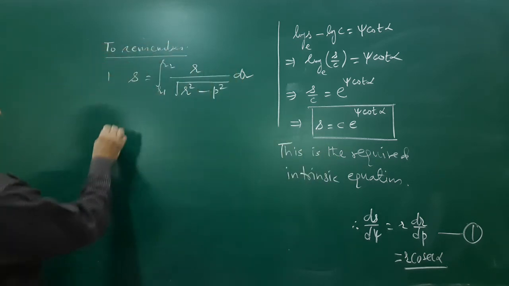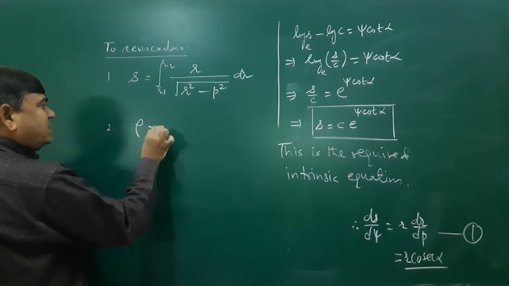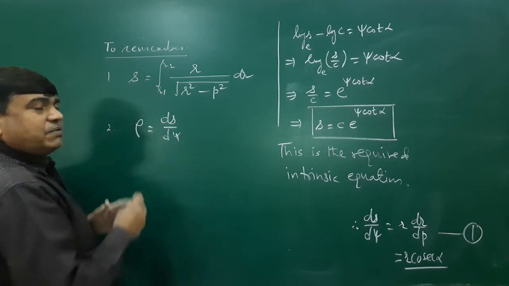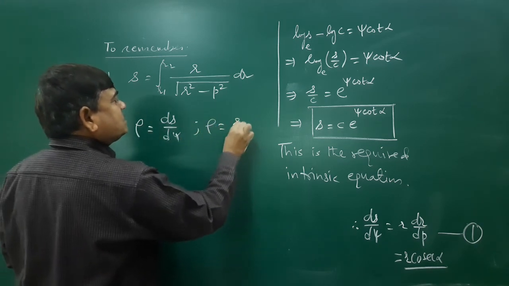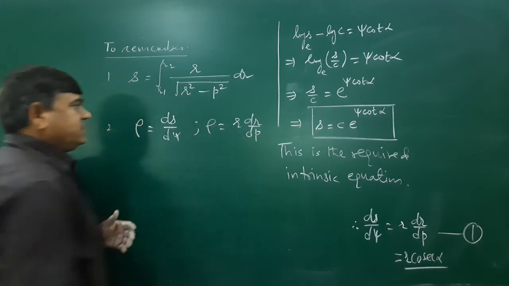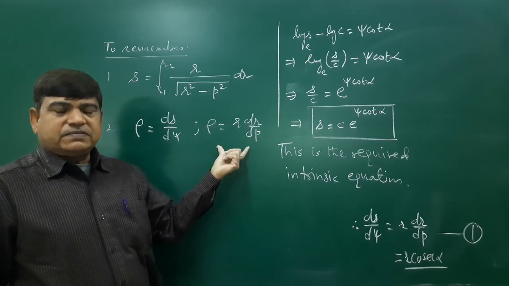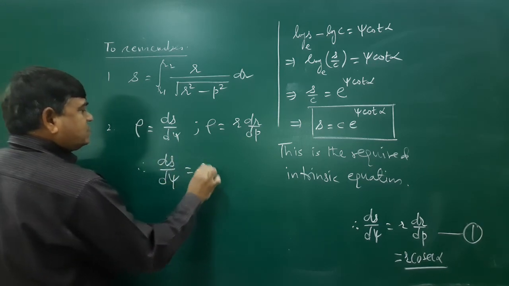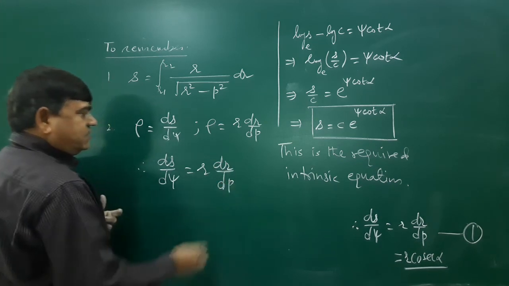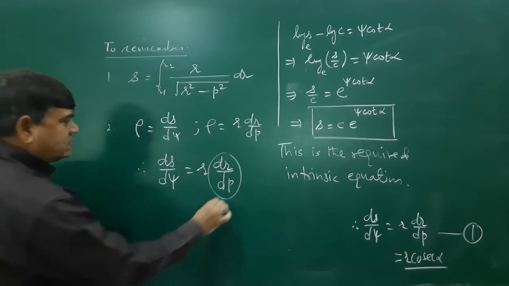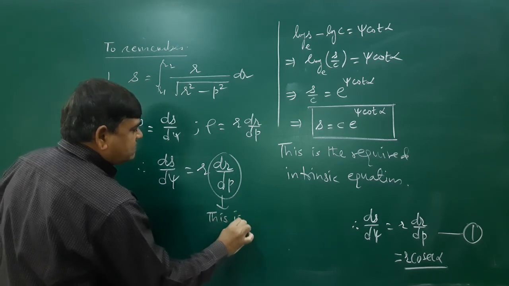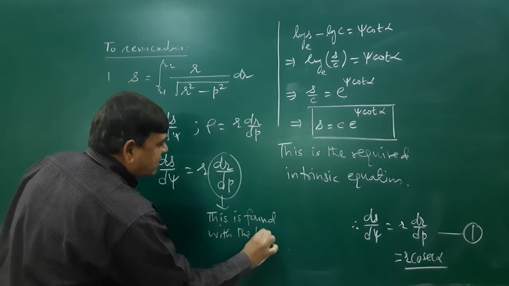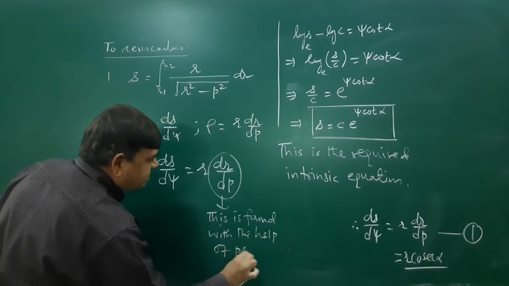Second, rho equals ds by d psi. Also, rho equals r dr by dp. Therefore, ds by d psi equals r dr by dp. This you can calculate with the help of deriving.